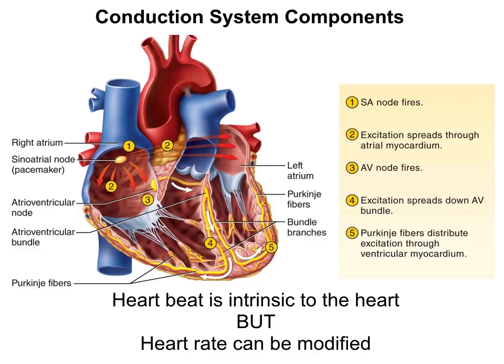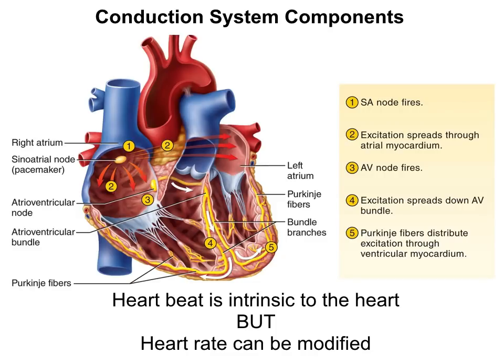These wires are going to be stimulating the muscle of the ventricles to contract. So the subendocardiac conducting network is going to cause you to contract the muscle of the ventricles, meaning you're going to be able to eject blood out of the heart.